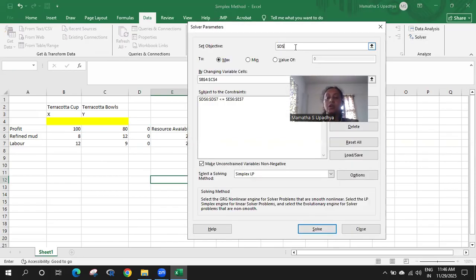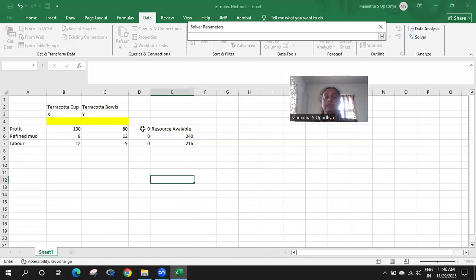Here we have to put the set objective. This cell will be our set objective area, because our objective is to maximize the profit, so this cell is our maximize profit value.